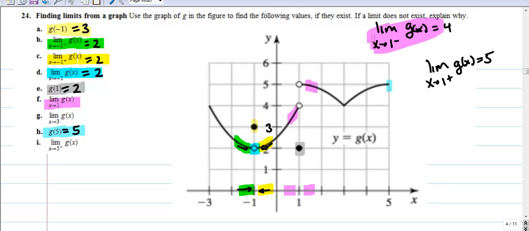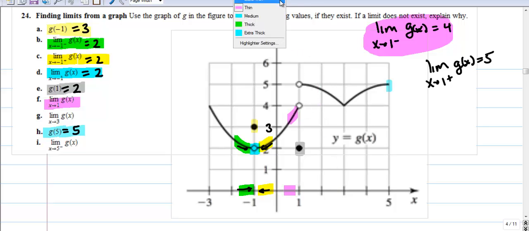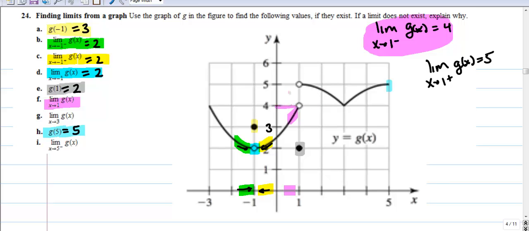So as I approach from the left, the function is approaching 4, and from this direction, the function value is approaching 5. So, no good. Because of that, this limit does not exist. If you look at the orange and the pink together, it does not exist.